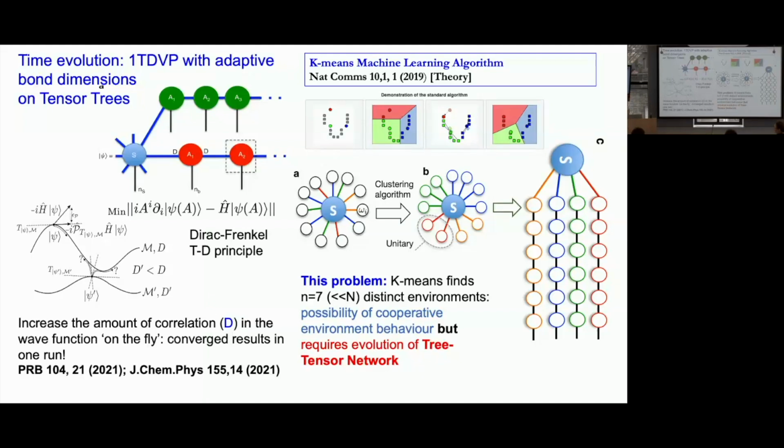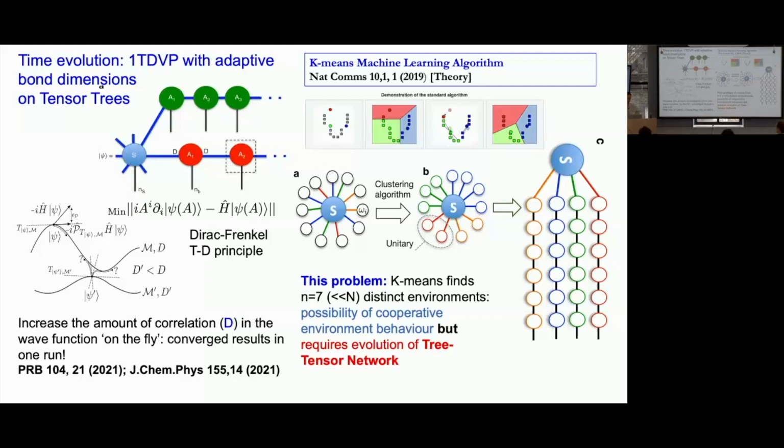More recently, we and quite a few other people managed to derive ways of doing bond-adaptive one-site TDVP. So you can retain those one-site numerical advantages, but the bond dimensions will just grow as needed, again according to some criterion of precision, during the dynamics themselves.